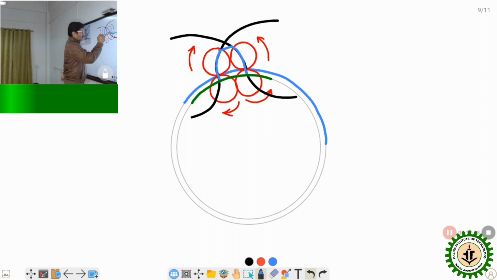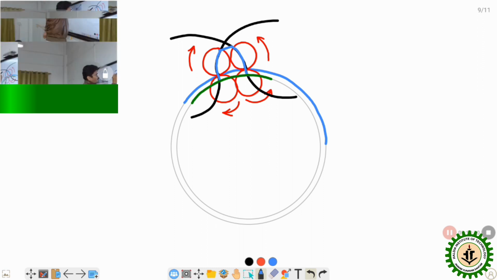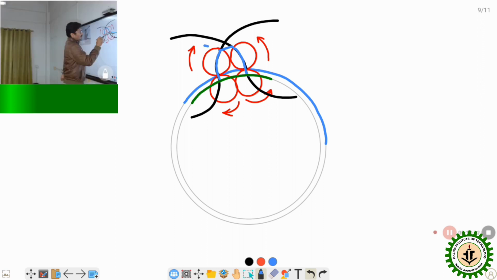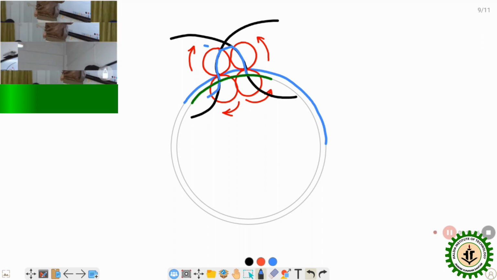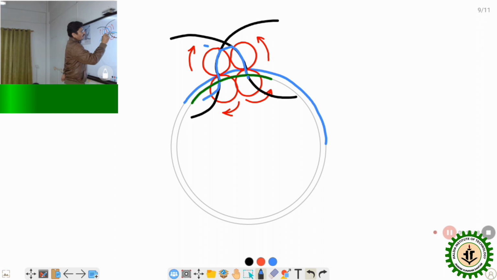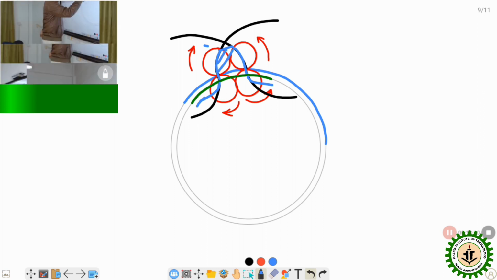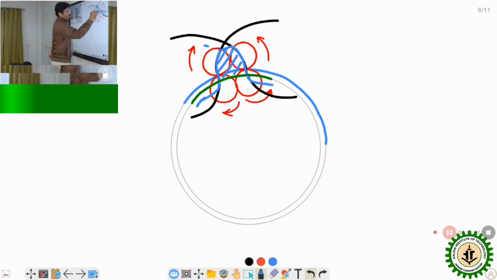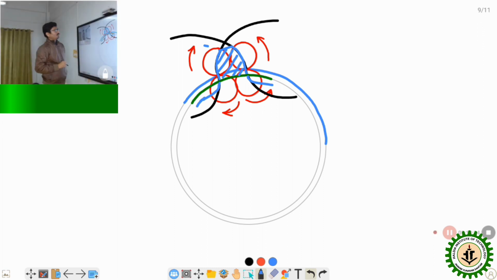The tooth will remain cycloid from this portion to this green one, and below that it may not be cycloid, and it will proceed to the other tooth on the left and right side. So this is the cycloidal tooth profile.